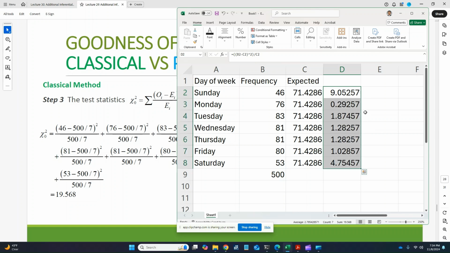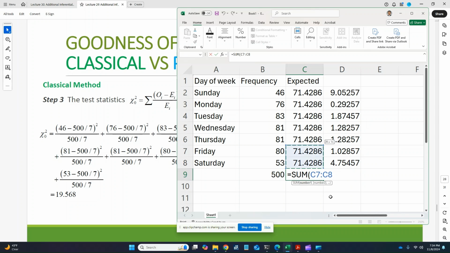If we double click on this little rectangle, we get the values calculated for all these rows. Now when we sum all these numbers, we get the calculated chi-square, which is equal to what we have in the slide. You might wonder what the sum of the expected values is. This is 500 because in total we have 500 cases equally distributed in their probability, in their frequencies.